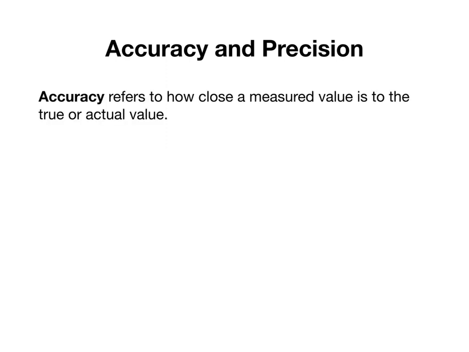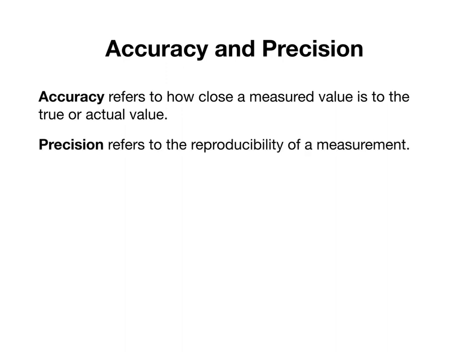All right, the last thing I want to touch on here are the terms accuracy and precision. These do not mean the same thing. Many times they're used interchangeably, but they do not mean the same thing. Accuracy refers to how close a measured value is to the true or actual value, whereas precision refers to the reproducibility of a measurement.